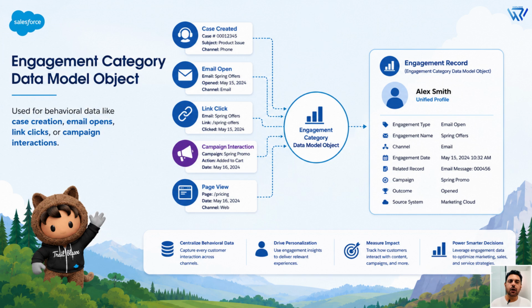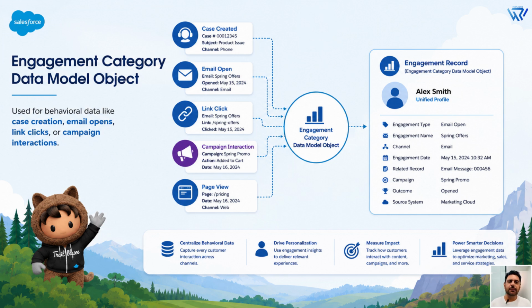The other category of data model object is engagement. For example, a lead or a contact has a case raised. They received Salesforce CRM email. That lead or contact got synced inside Marketing Cloud and was part of marketing campaigns. Marketing emails were sent.